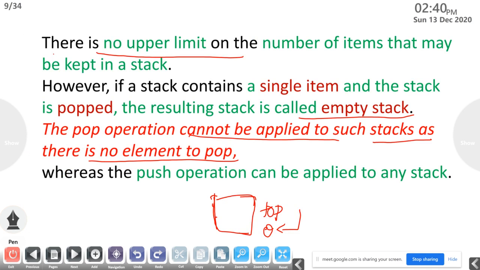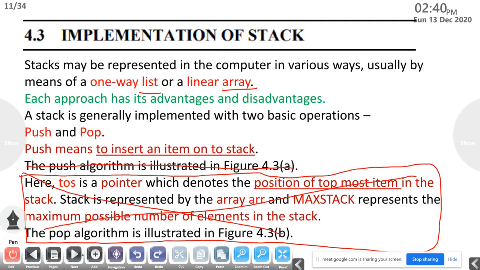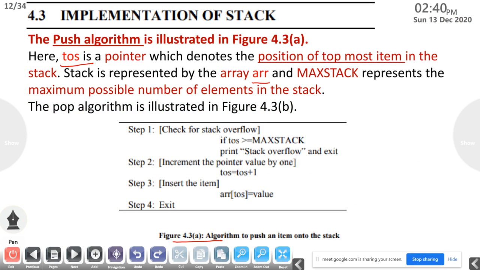Why? Because we are implementing the stack by using an array. When we are declaring an array, we should have the size of the array, that is the upper limit. So here we are using three variables.